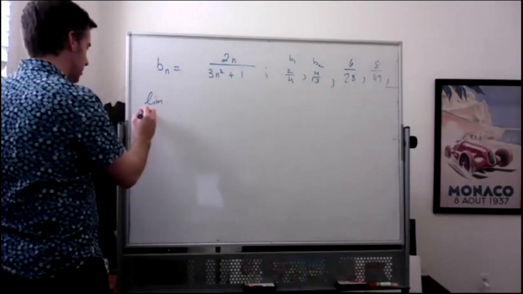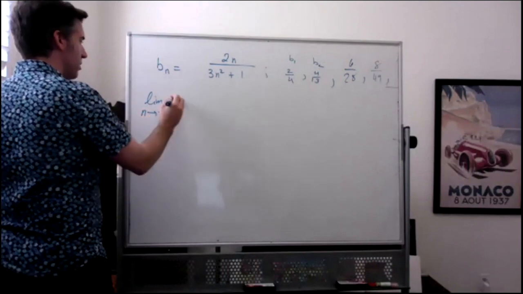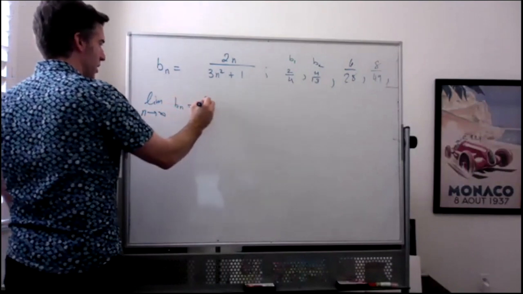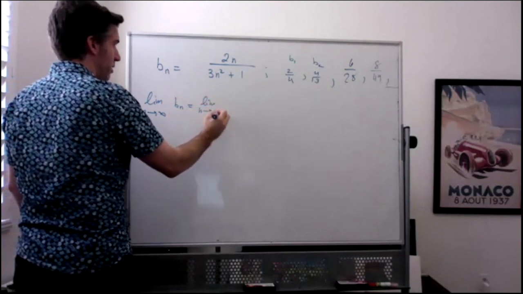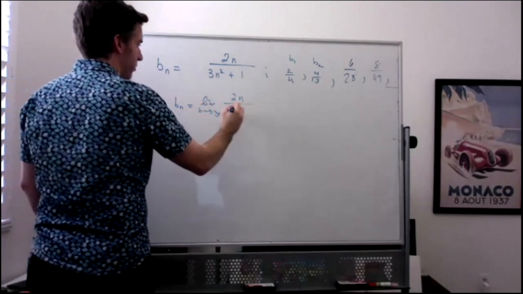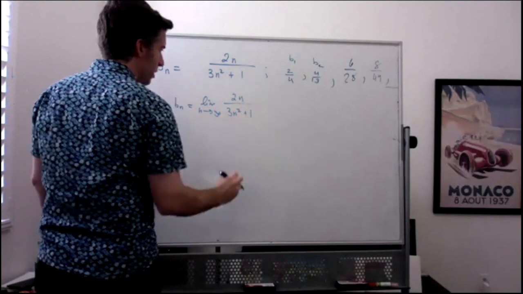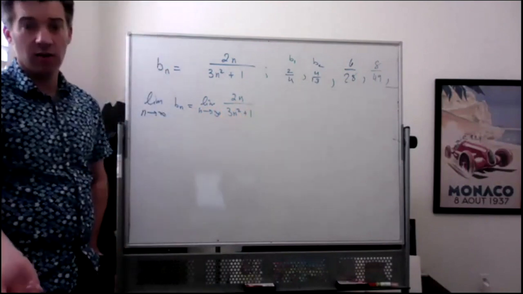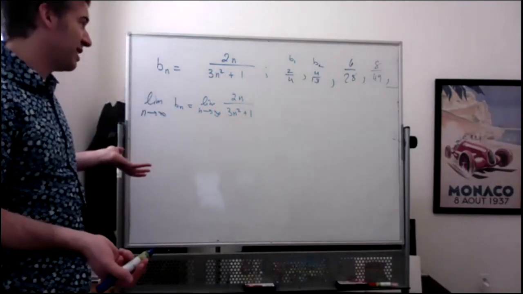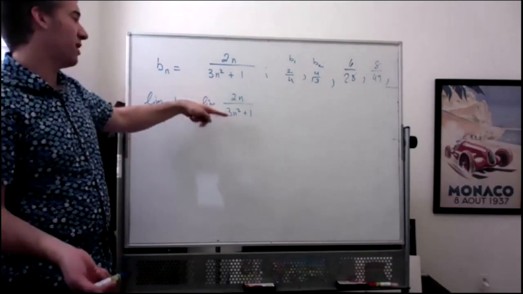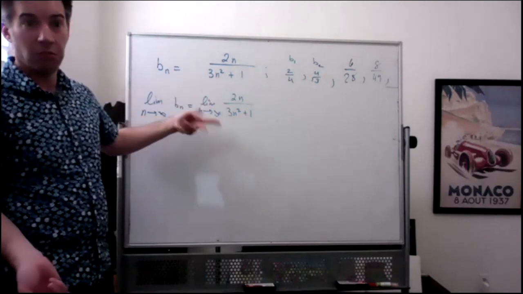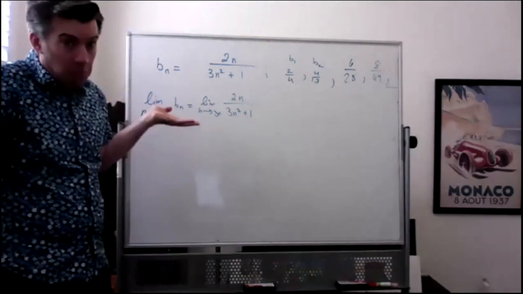So the limit as n goes to infinity of b sub n, which is the limit as n goes to infinity of 2n over 3n squared plus 1. Now if we plug in infinity, we get infinity on the top and infinity on the bottom. I don't know what that is.